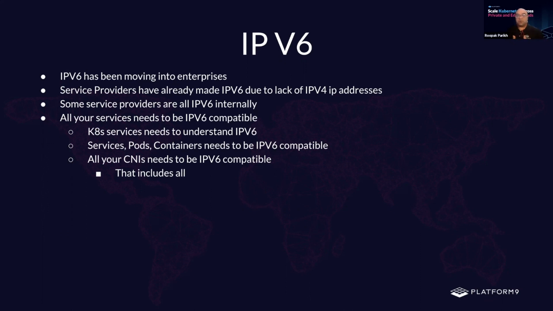Otherwise, it would be completely incompatible in their environments, and you will not get an IPv4 address. So this becomes a challenge. Any distribution, and Platform9 is one of them, needs to support IPv6 throughout your whole stack, from your own app, from your own services, all the way to the containers that are running those services.